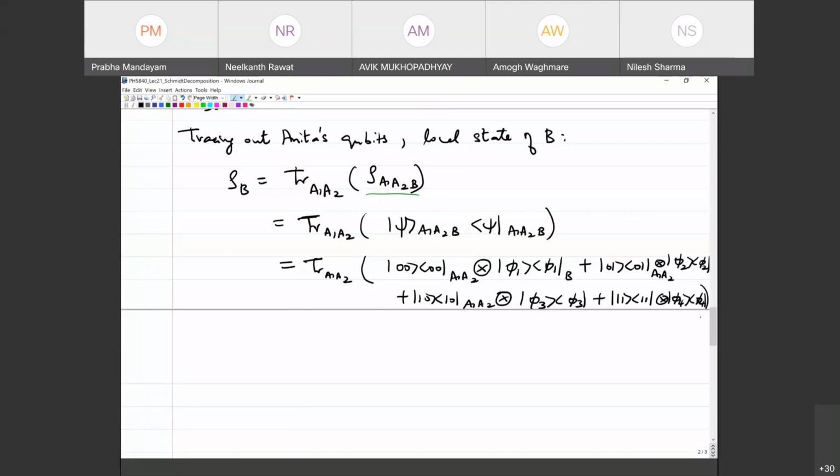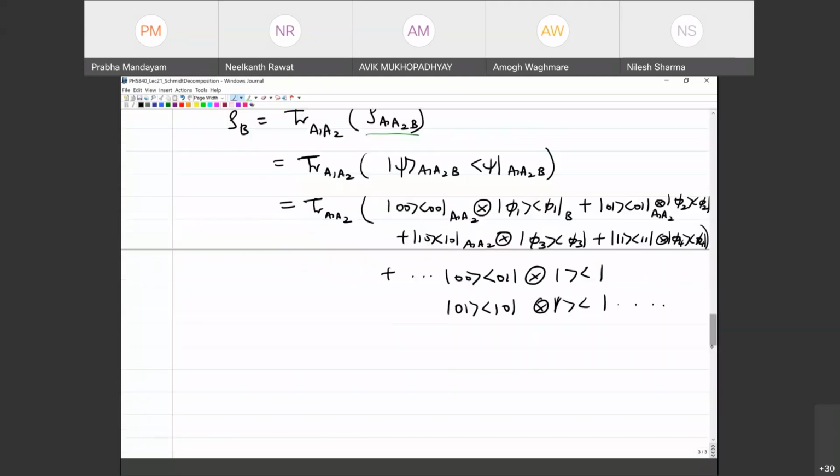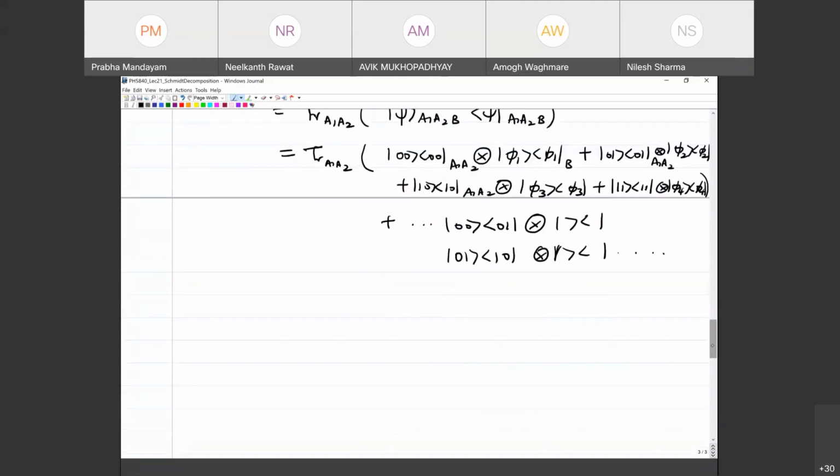I am also going to have terms of the form 0, 0, 0, 1, tensor something, okay? I will have 0, 1, 1, 0, tensor something, etc. Right? But I am not going to take the trouble to write down all those terms. Why?